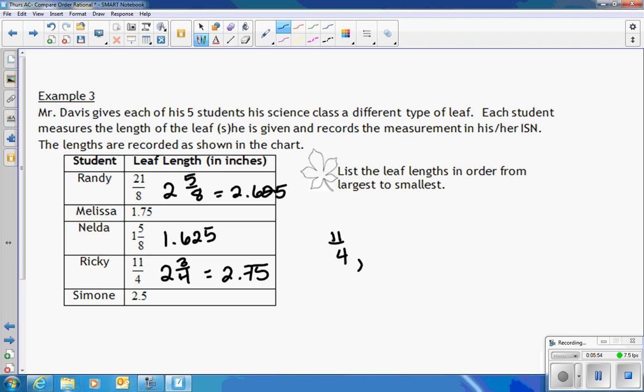So when we're listing, we always want to list it back in its original form. So 2.75 is taken care of. That's 11/4. And then it's going to be 21 over 8, because that is 2.625. Then we've got 2.5, and then 1.75, Melissa's, and then 1 5/8 would be my smallest.